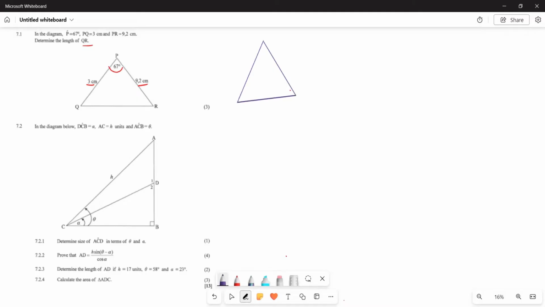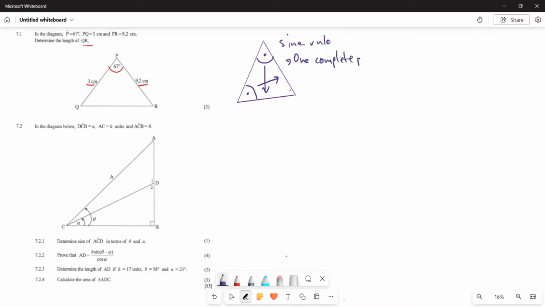Now, according to your sine rule, firstly, how do we use our sine rule? For us to use the sine rule, you need to have what? You need to at least have this angle here with the corresponding opposite side, and you must also have the angle here and probably the corresponding opposite side, which means at least you need to have one complete pair.